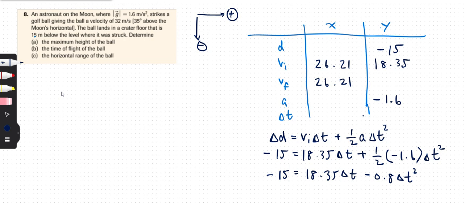So I'm going to move the negative 0.8 t squared to the left by adding 0.8 t squared to both sides, and the 18.35 t on the right, we're going to subtract from both sides. And we can just keep the negative 15 here. Now on the right, it's just going to be 0.